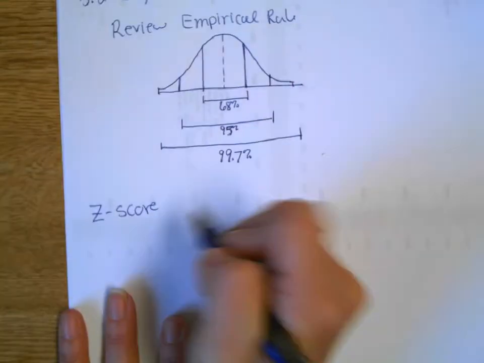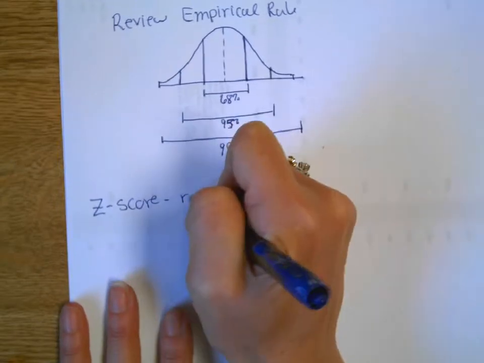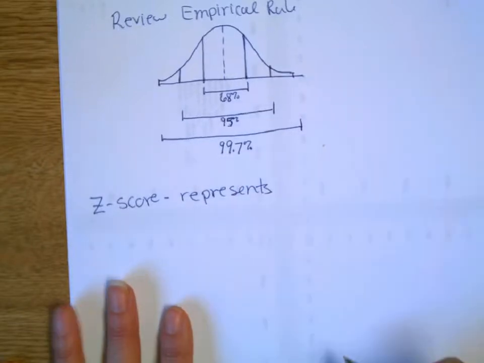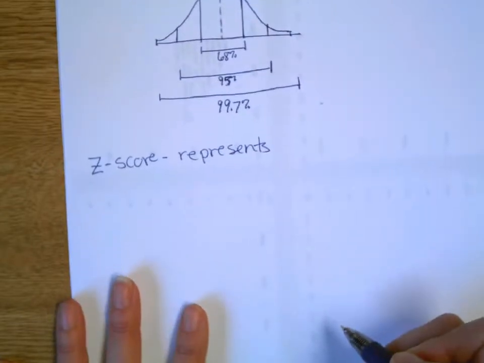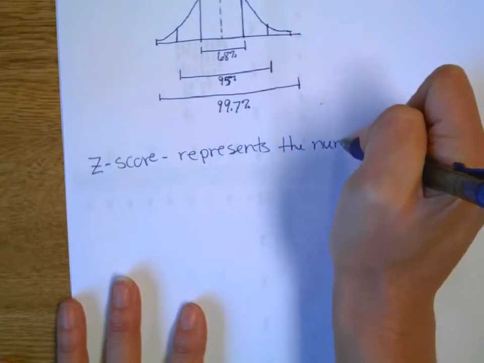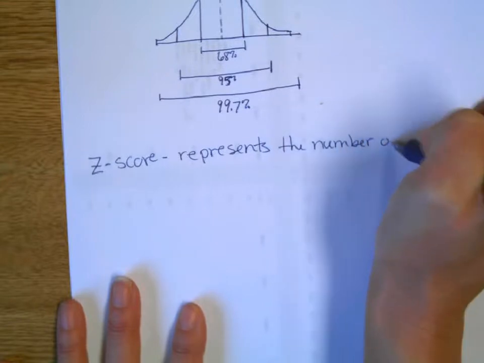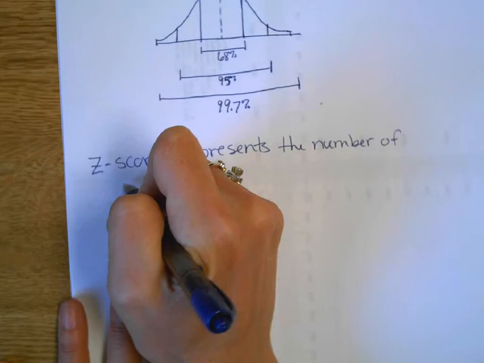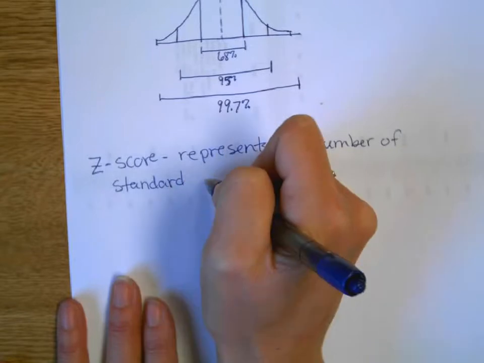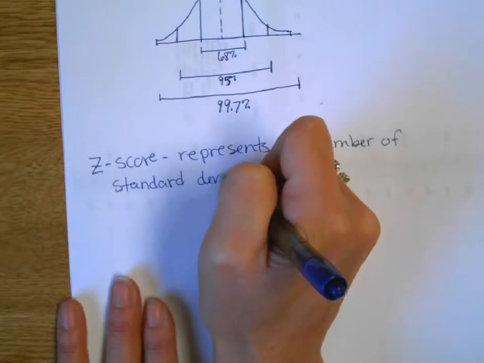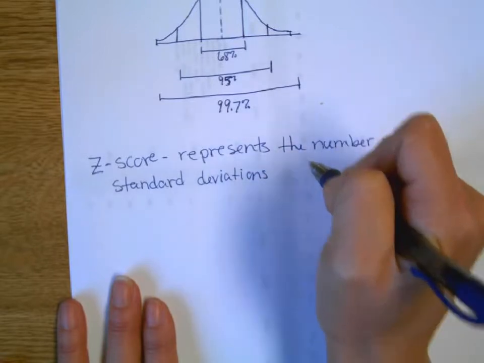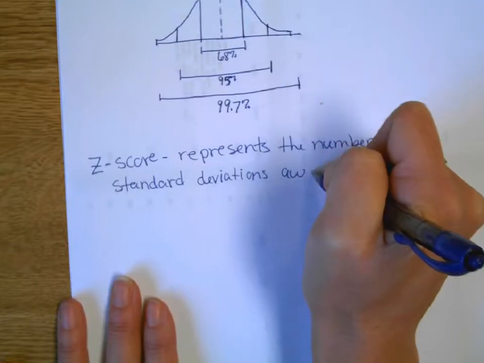A z-score represents the number of standard deviations away from the mean.